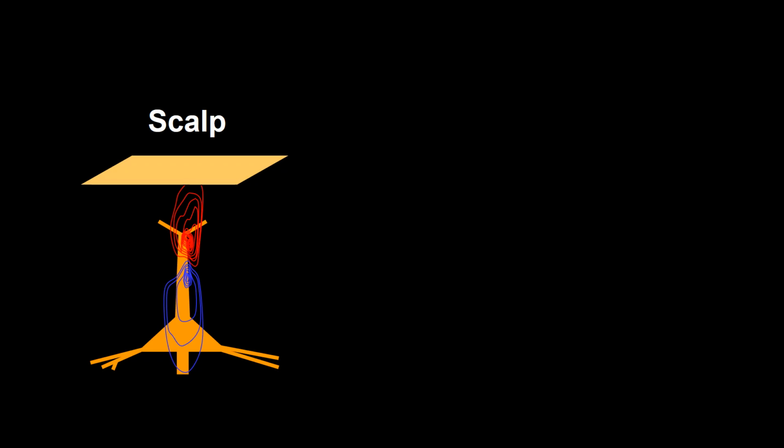Current lines can be represented by isopotential lines, from which an isopotential map can be crafted. This is all true, but only experimentally, because the field created by a single neuron is not enough to be detected at the scalp. Isopotential lines from other neurons can nevertheless add up.